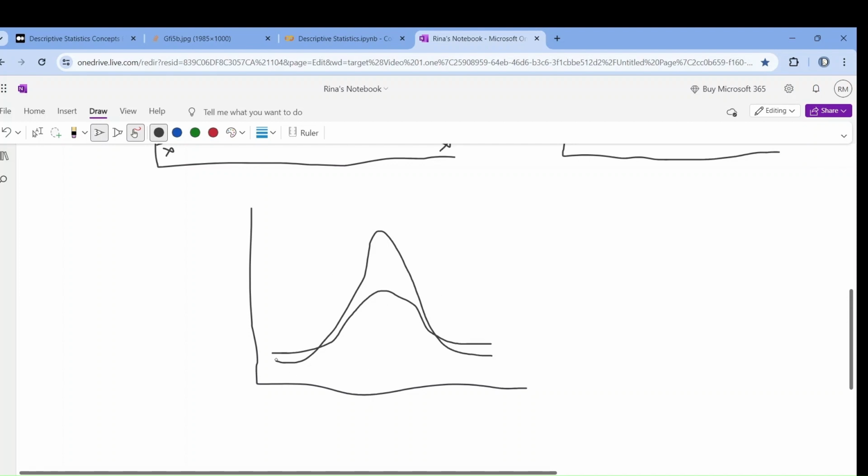But high kurtosis will look like this one, having more extreme values, a longer tail, and high peakedness. Normal distribution means the maximum values are near the mean. Now low kurtosis means the dataset has fewer extreme values in comparison with normal distribution, and high kurtosis means the dataset has more extreme values in comparison with normal distribution.